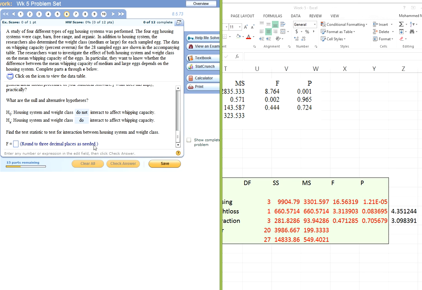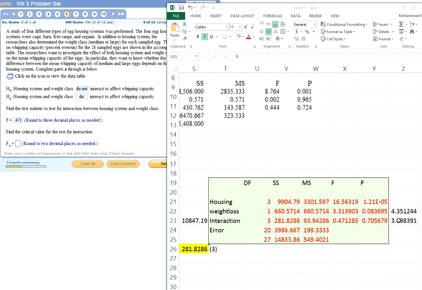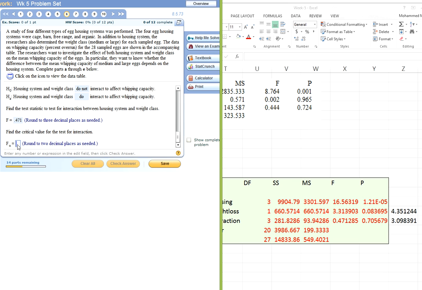Okay, good. So what is the F value? 0.471. Okay, check answer. Yes, of course. These are basically transcribing the numbers. F alpha in this case, by using the F.INV formula, I have 3.1.